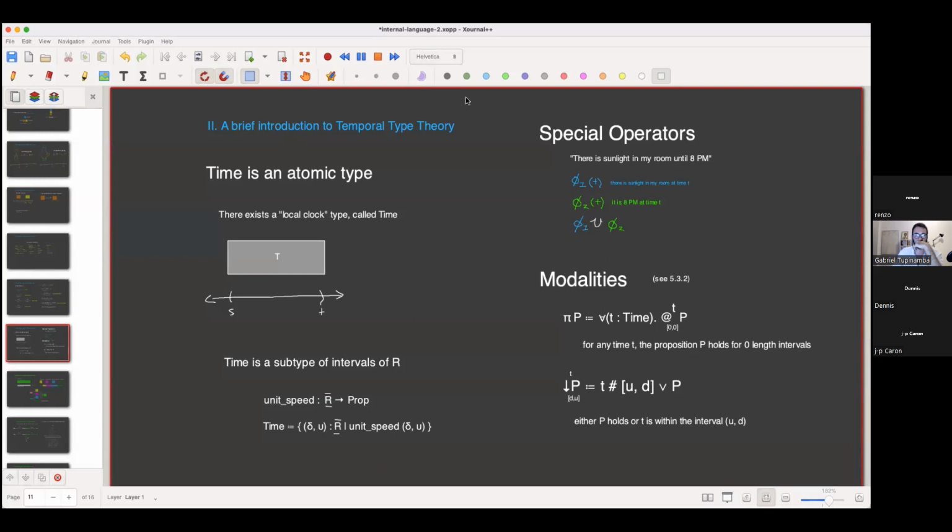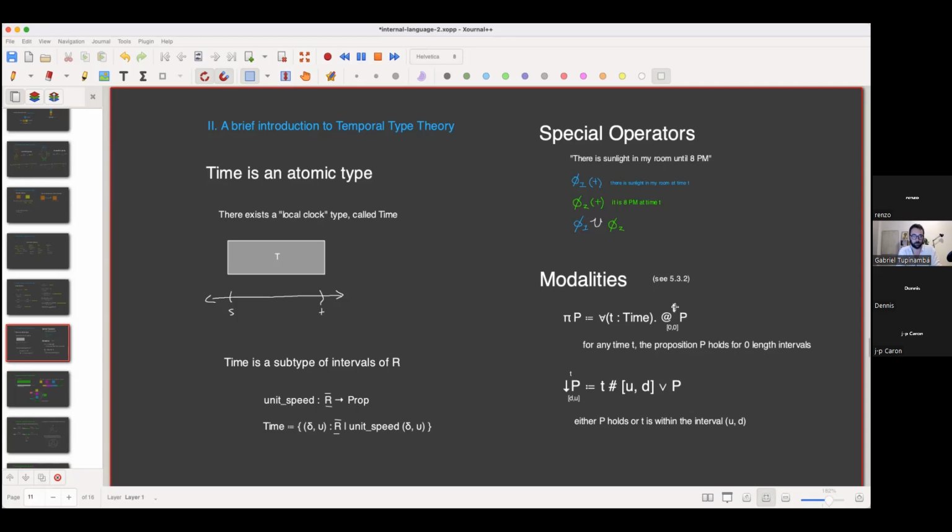And then the very interesting, probably the most complicated, but I think kind of useful things are called modalities. Given a proposition, a modality is a way of turning that proposition into a more complicated proposition. So let's say you have a proposition P about something that's happening in the world. You can apply this pi operator to it, and that transforms it into a new proposition that says, for any time t, the proposition P holds for 0 length intervals.